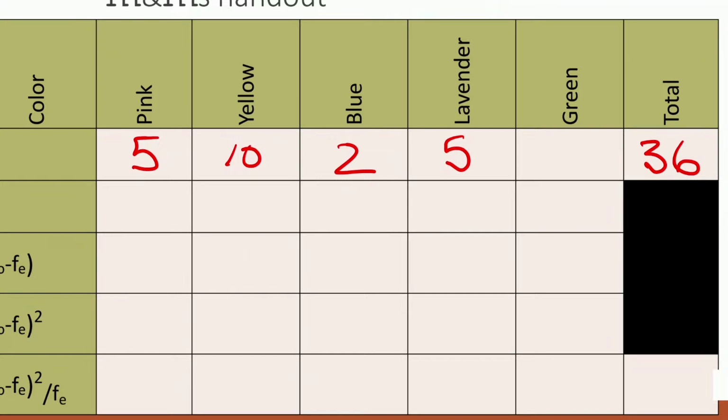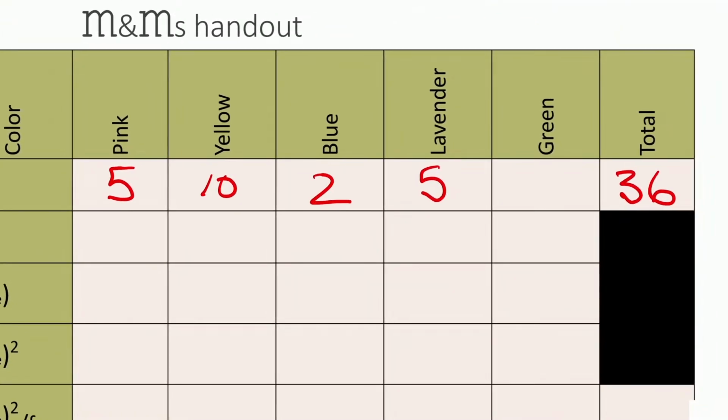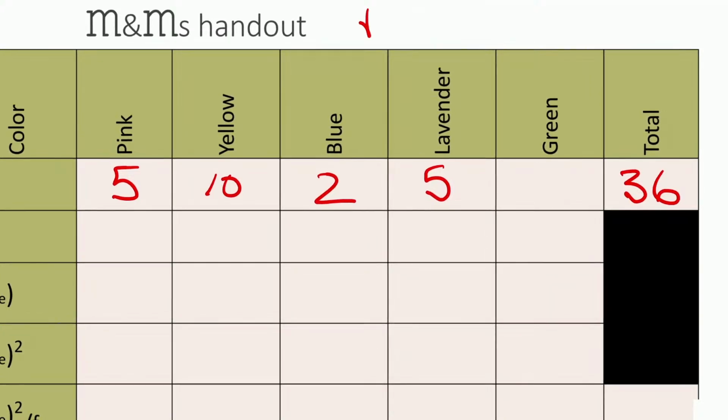So all that is to say that degrees of freedom for this particular thing is the number of categories minus 1. It's always 1 less than the number of categories. Here we have 5 categories.